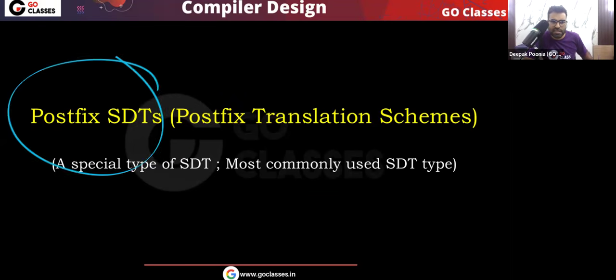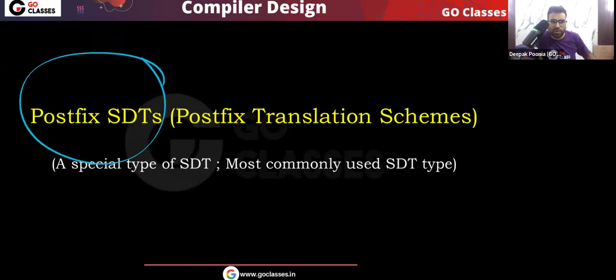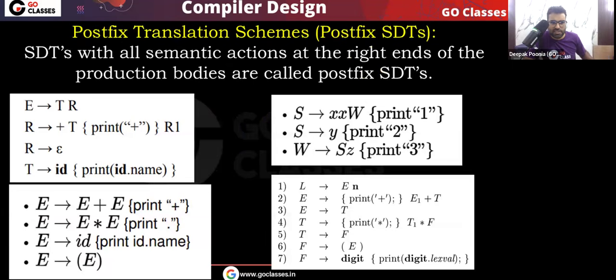What is this postfix SDT? This is a special type of SDT, and we study this because it is the most commonly used SDT type. Let's see the definition of postfix SDT. The definition is actually very simple. An SDT in which all the semantic actions are placed at the right end of the production bodies is called postfix SDT. The name itself is telling you.